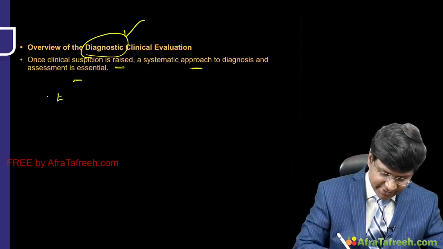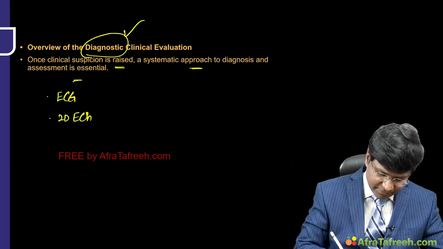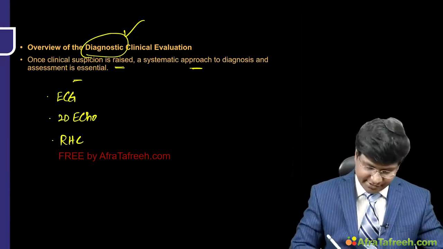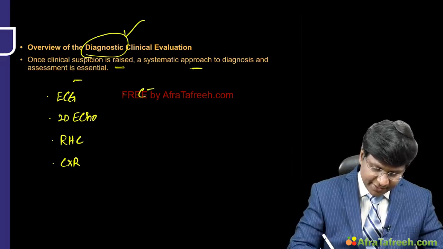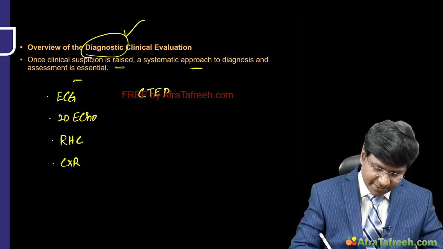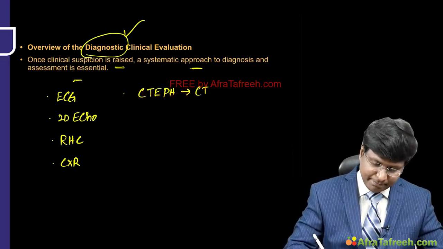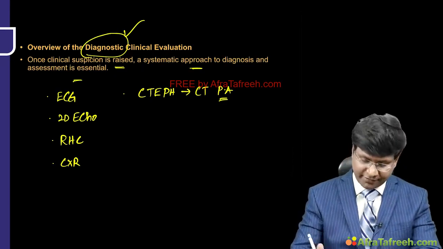These include ECG, then 2D echo, then the gold standard investigation, right heart catheterization, then chest x-ray, and particularly in patients with chronic thromboembolic pulmonary hypertension, you need to do CT pulmonary angiography. CTPA stands for CT pulmonary angiography.